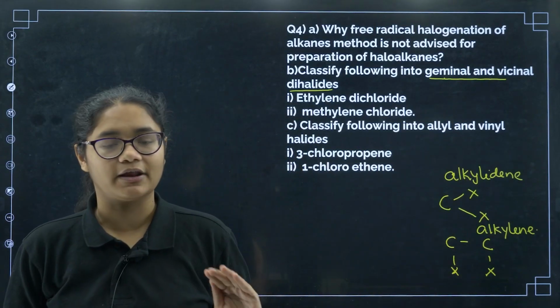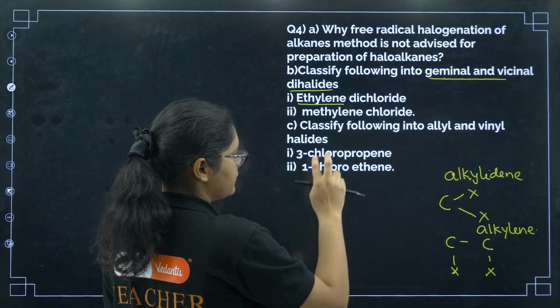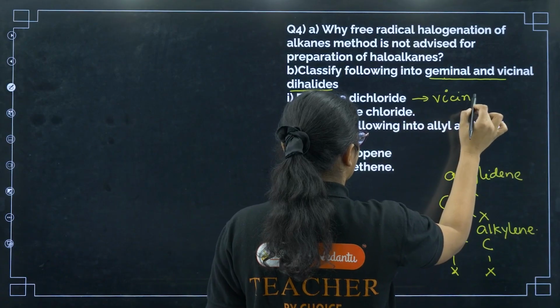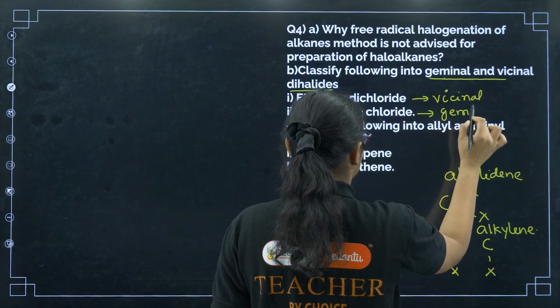With one carbon we cannot have vicinal dihalides. So here ethylene dichloride must have two carbons, so this one will be vicinal. Then here only one carbon is there, so it is geminal.